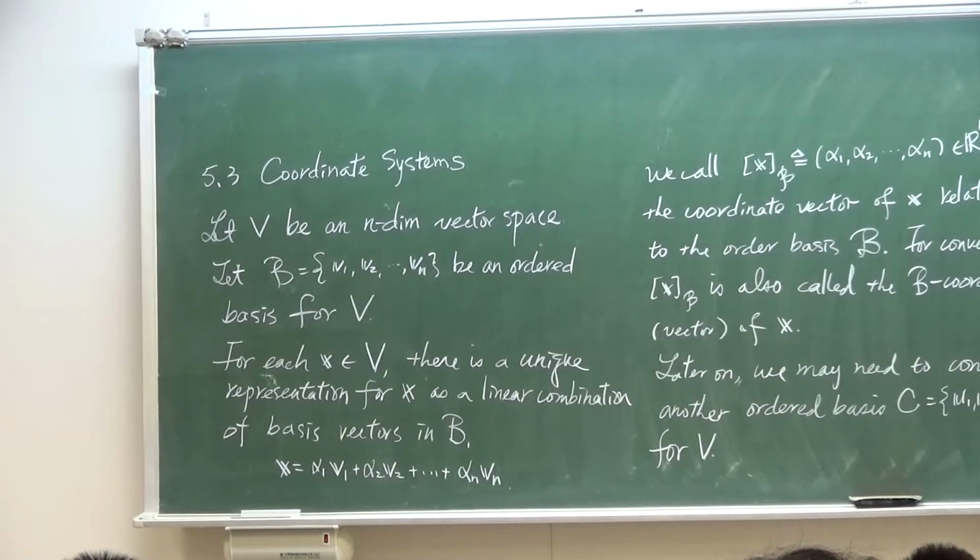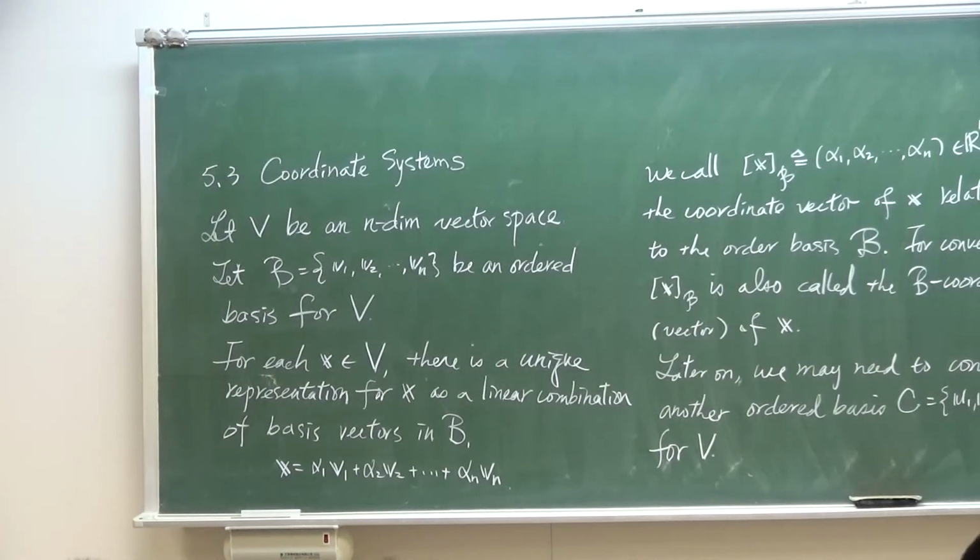Okay, so here you can see what the transition matrix is. The transition matrix is constructed column by column because it's an n times n matrix, so it consists of n columns. Each column is a column vector in R^n.